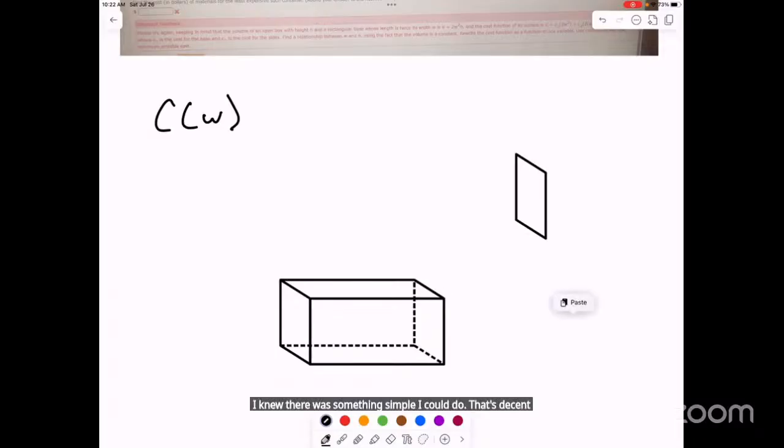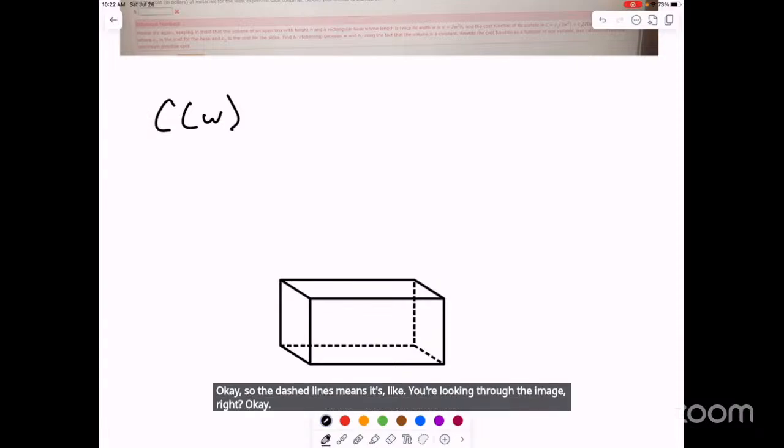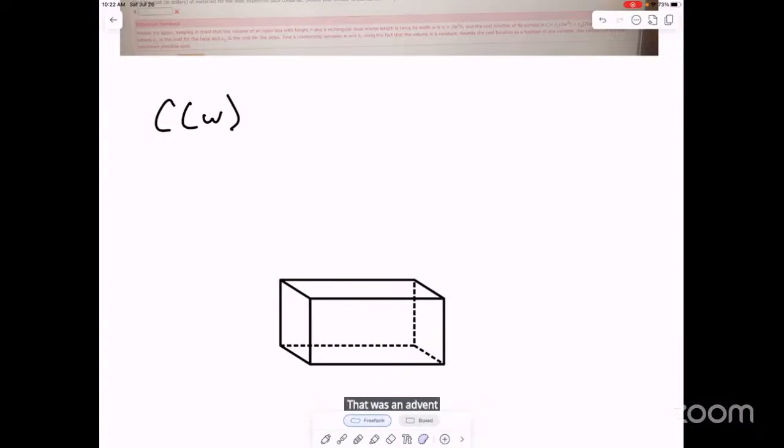That's decent. Okay, so the dashed lines means it's like you're looking through the image, right? That was an adventure.